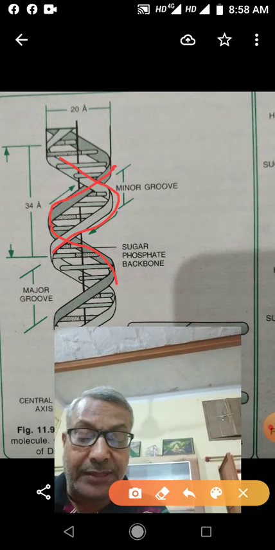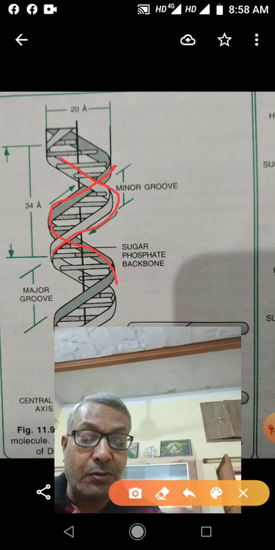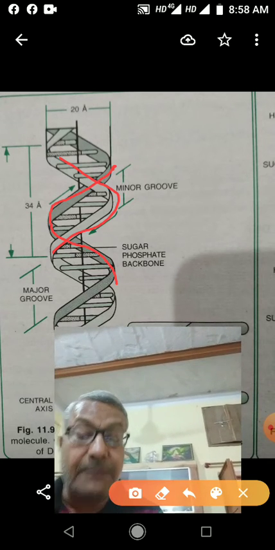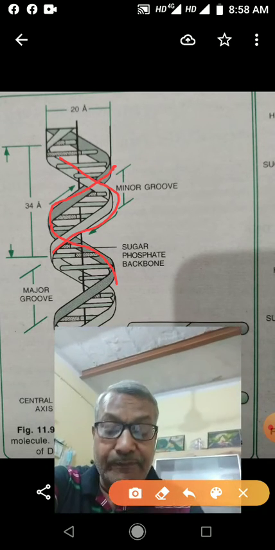The number of nucleotides is 10. Therefore, the distance between two nucleotides is 3.4 angstrom.